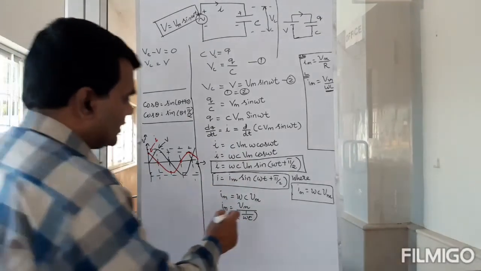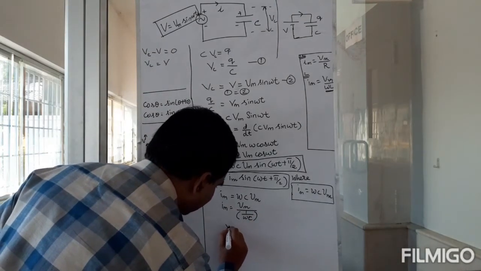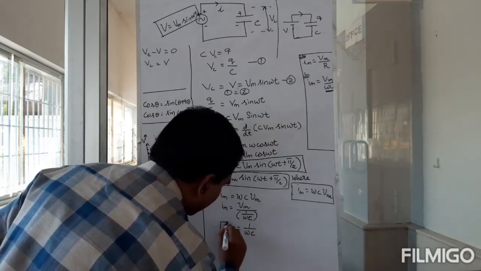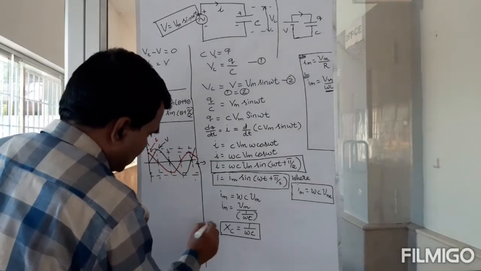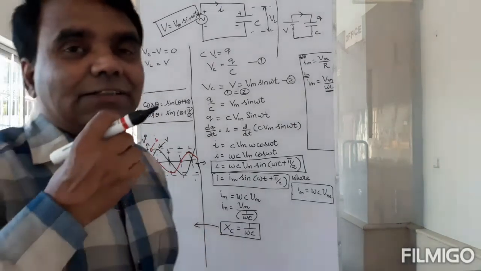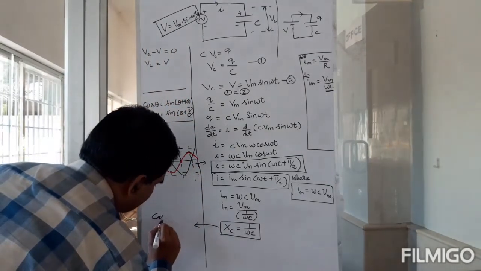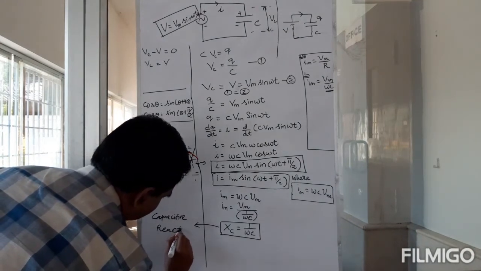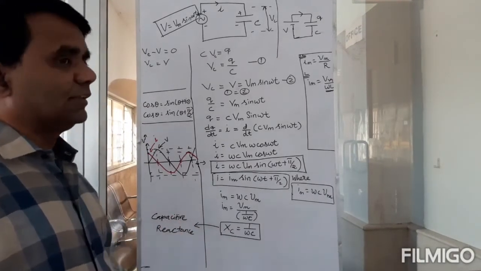Okay, so this 1 by omega C is called XC, which is equal to 1 by omega C, and this is called capacitive reactance. So reactance, capacitive reactance.